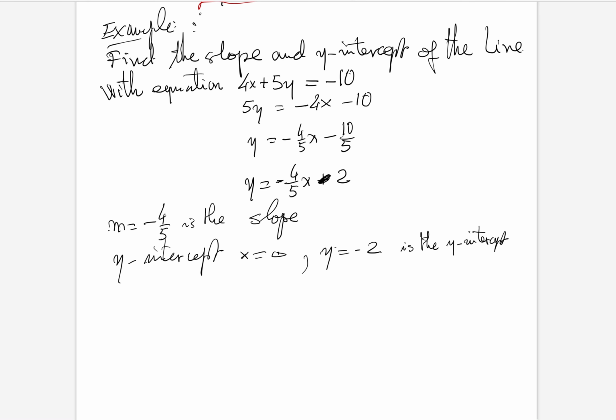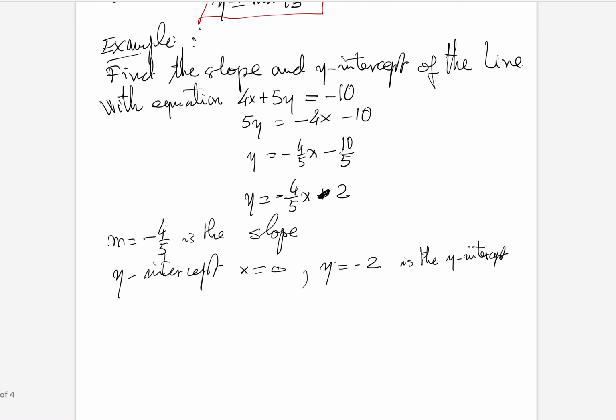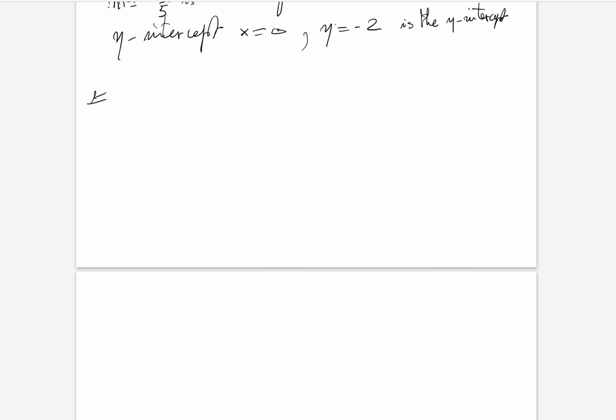Okay. Now next, suppose they give you 2 points. Same way as you did previously. So they give you 2 points and they ask you to find the slope-intercept form. Same way we did on the previous question. Let's see. Let's have example 2.